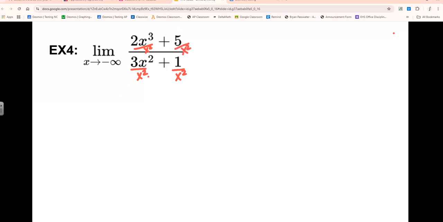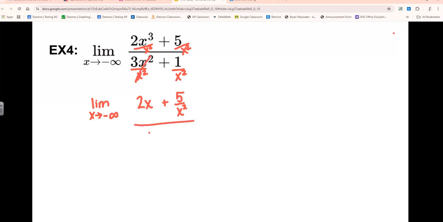And so we're going to have the limit as x approaches negative infinity of, right here, a 2x, because those will cancel, but I don't have anything left in the denominator. Right here, I've just got to leave that 5 over x squared.